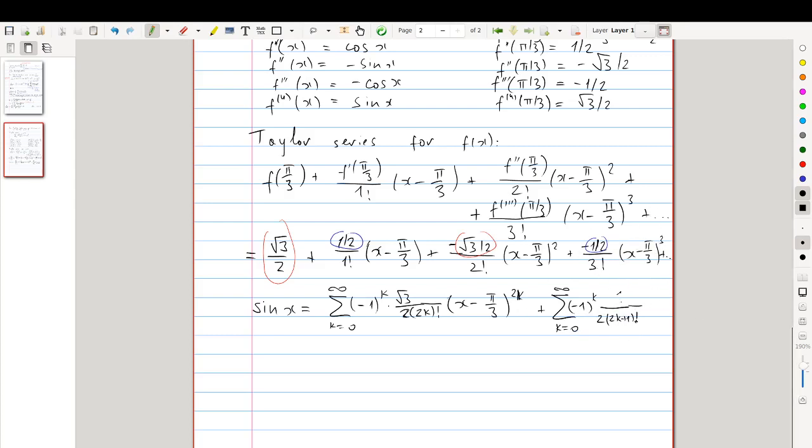And finally, we multiply everything by x minus pi over 3 to the same degree as is the expression under the factorial. So this would be 2k plus 1 in this case.